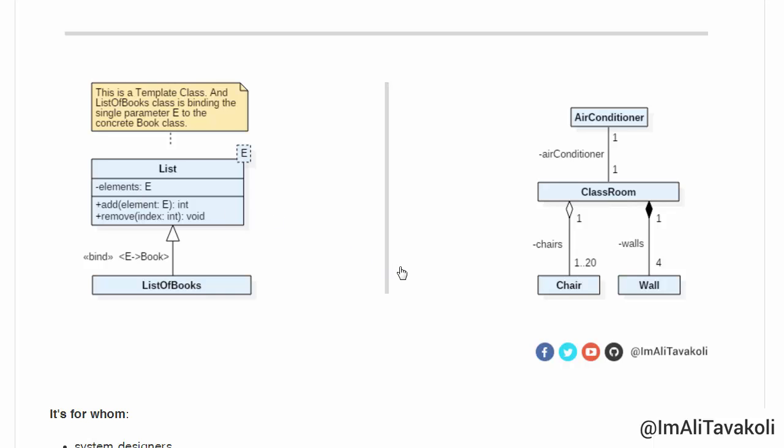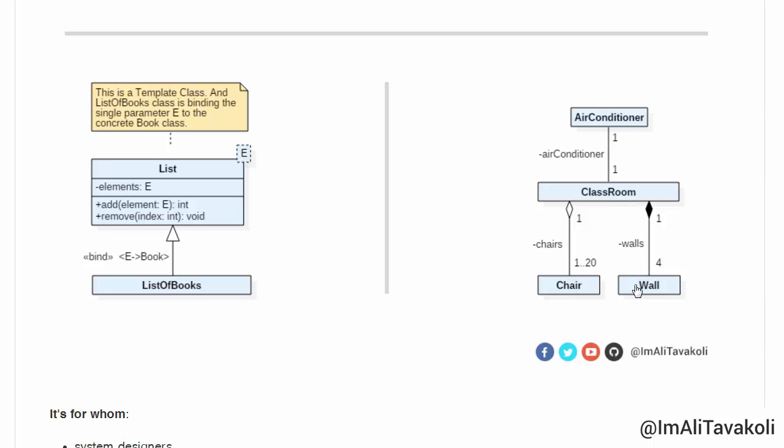Now, let's take a look at our other class diagram example over here. Our main class here is the Classroom class, which has an aggregation relationship with the Chair because the classroom owns the chair class, and if the classroom is destroyed, chairs won't be. It has a stronger relationship with the Wall class, which is the composition relationship.